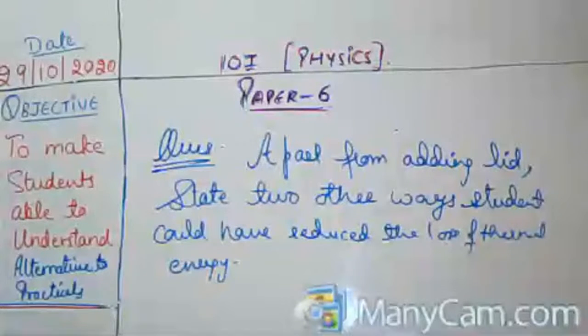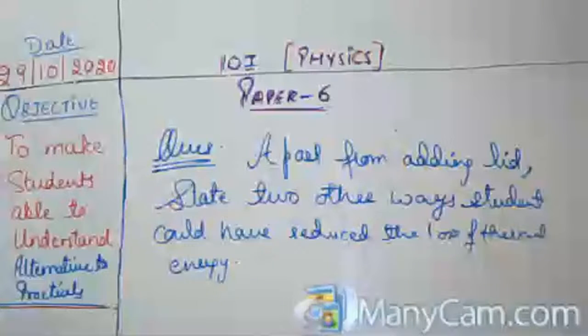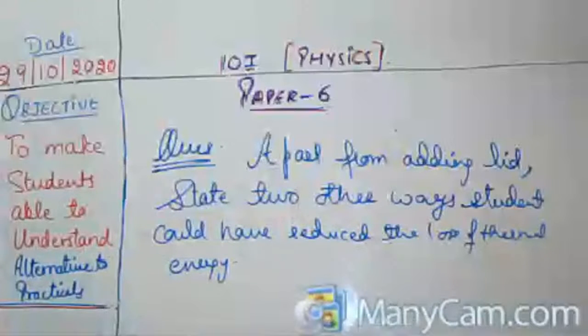So this second part is of 2 marks. Already it is written here, state two other ways. So please, two other ways which can be used to reduce the energy losses.